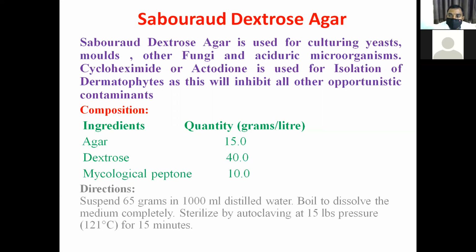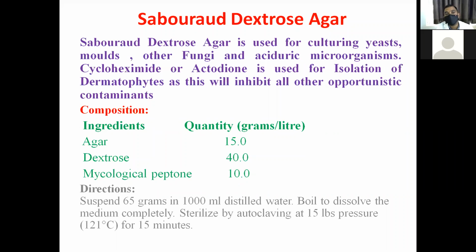Why do we use chloramphenicol? To suppress the growth of bacteria. Cycloheximide is used importantly to suppress the contamination of opportunistic fungi. Chloramphenicol is for bacterial growth, cycloheximide is for contamination of fungi.